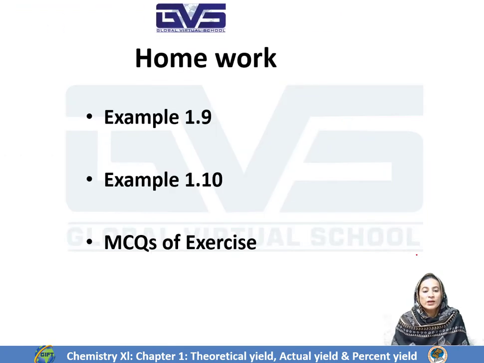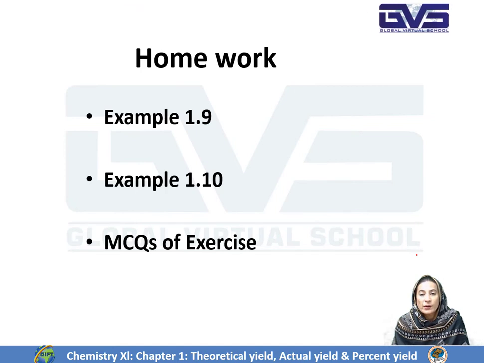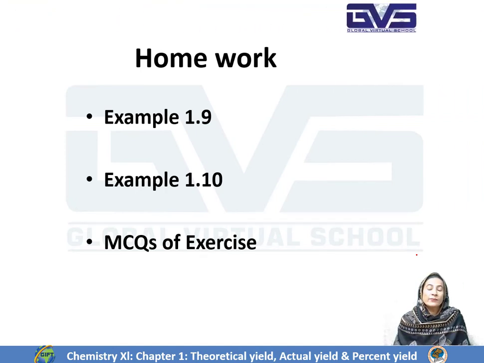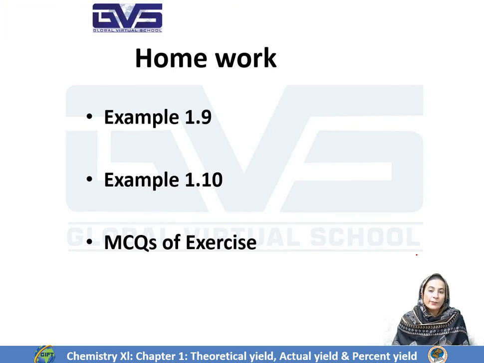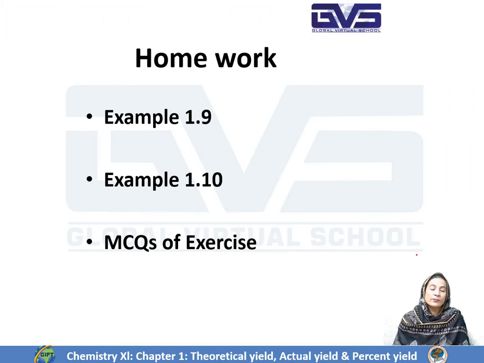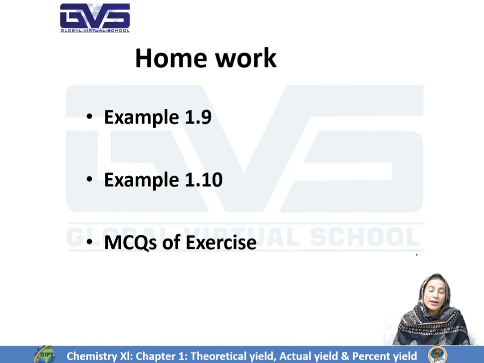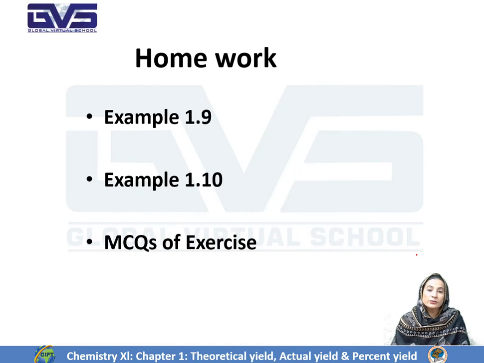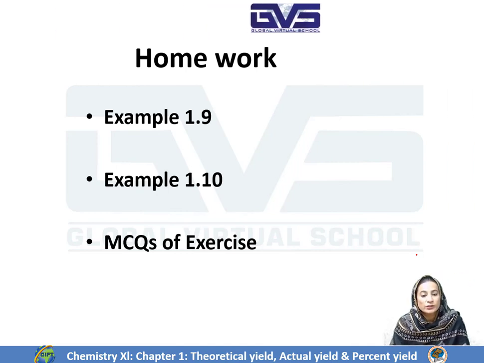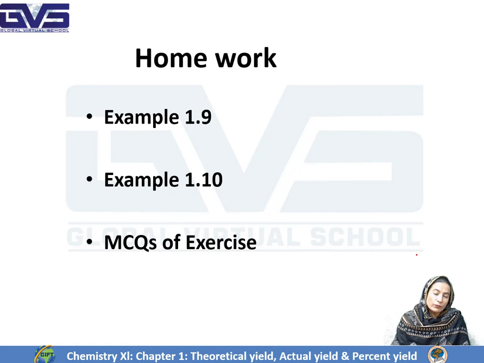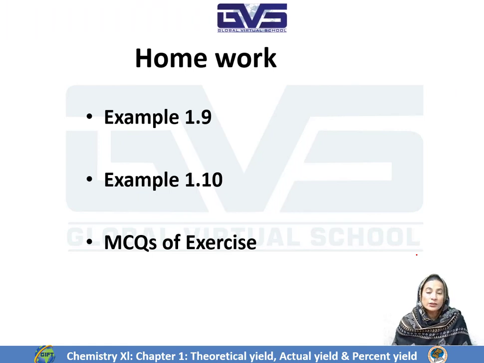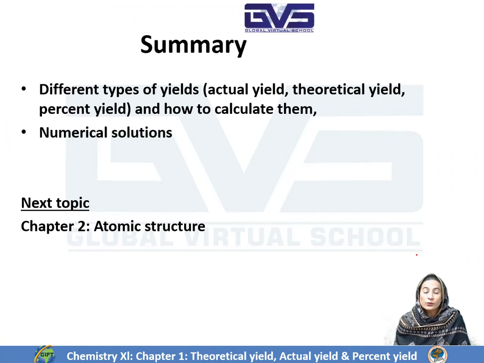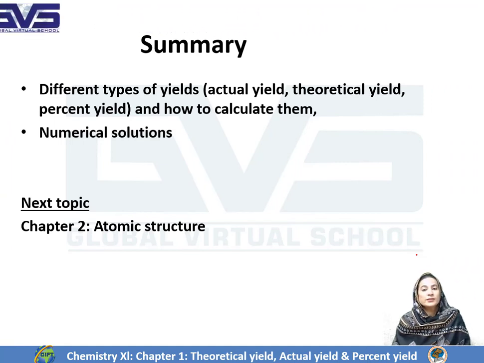Now your work is to solve examples 1.9 and 1.10. Students, in this chapter we have attempted the short response questions and extended response questions, and now if you have a thorough understanding of this chapter, then you can attempt the multiple choice questions throughout the topic. So this is your homework assignment, and this was all about the different types of yield and the calculation. And hopefully this chapter is clear.